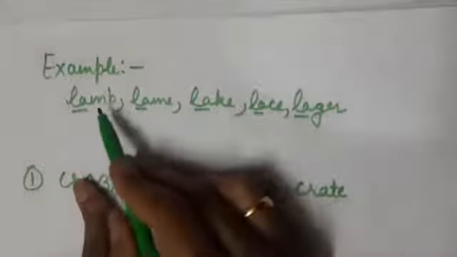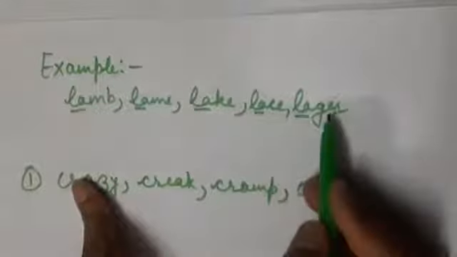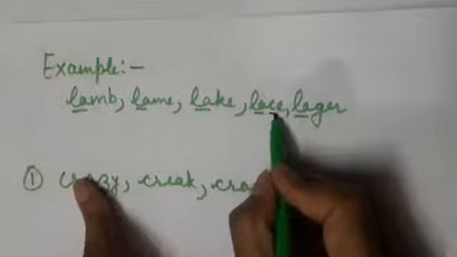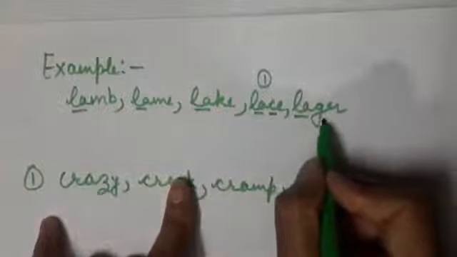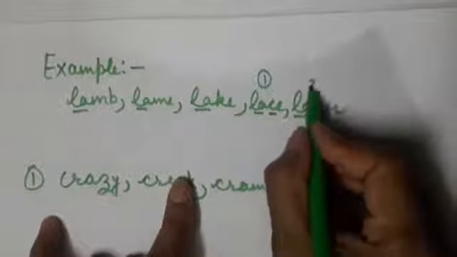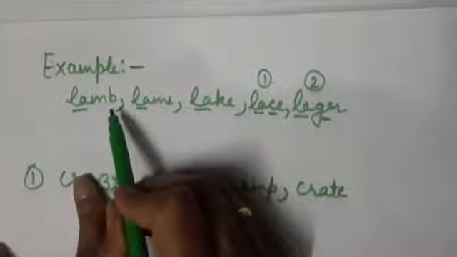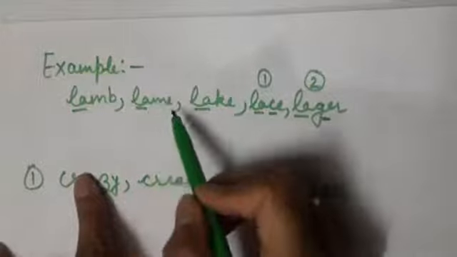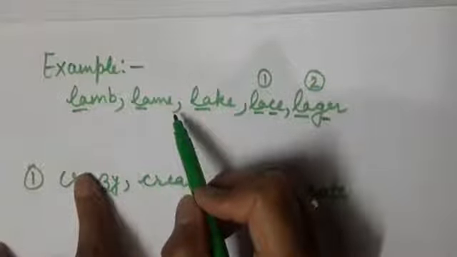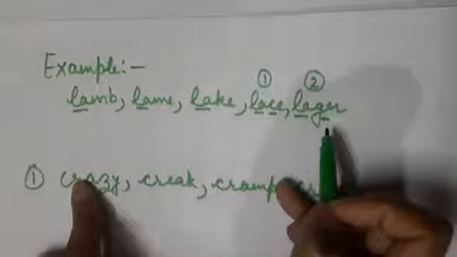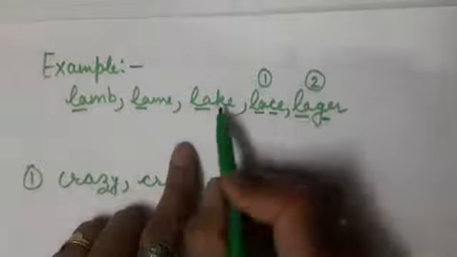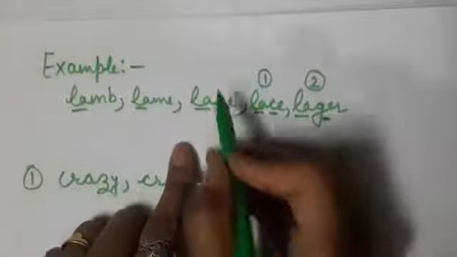Our third letters here are M, M, K, C, G. We can see C comes first, so we will put 1 on C. Then G comes after C, so we will put 2 over here. Then after G, the letters go H, I, J, K, so K will come, so this will be the third one.